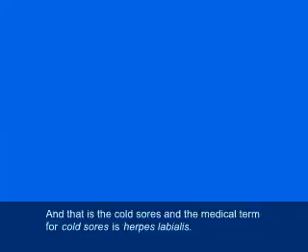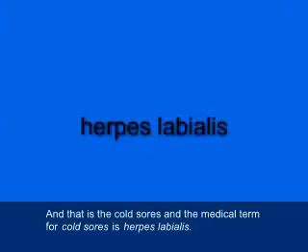Now, these are often confused with another type of sore that appears in the mouth, and that is the cold sores. And the medical term for cold sores is herpes labialis.